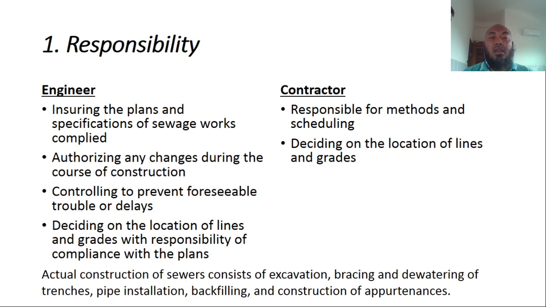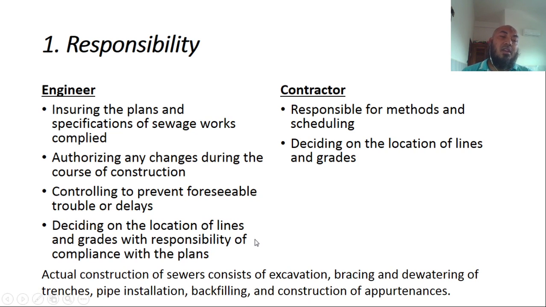Issuing the plan and specification of sewer work is the responsibility of the engineer. The engineer also has authorization for any change during the course of the construction.